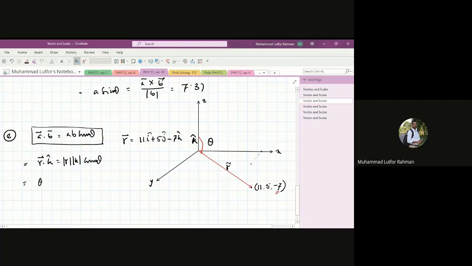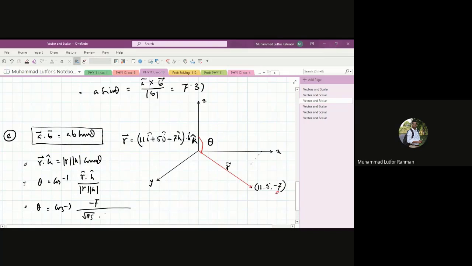So theta would be cos inverse of R dot K divided by magnitude of R and magnitude of K. I know the magnitude of K, which is basically 1 because it's a unit vector. And R dot K would be, if you take the dot product with k hat, i dot k is 0, j dot k is 0, k dot k is basically 1, right? Then it will give me -7 divided by magnitude of R, which would be root 195. You can check that.